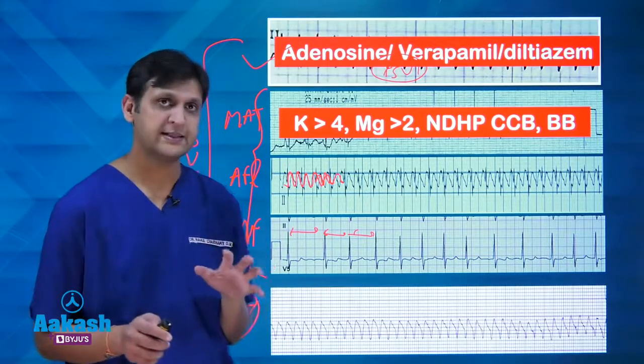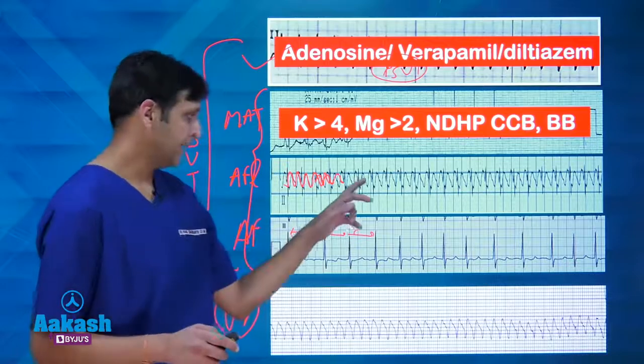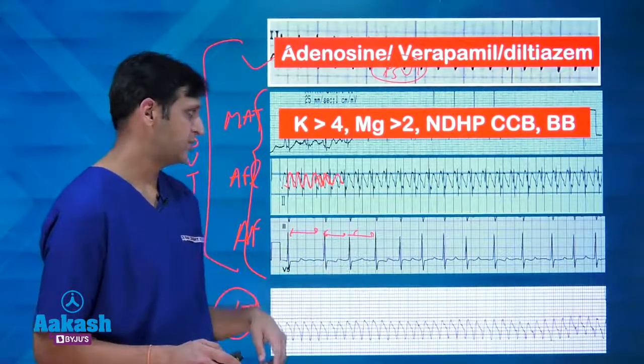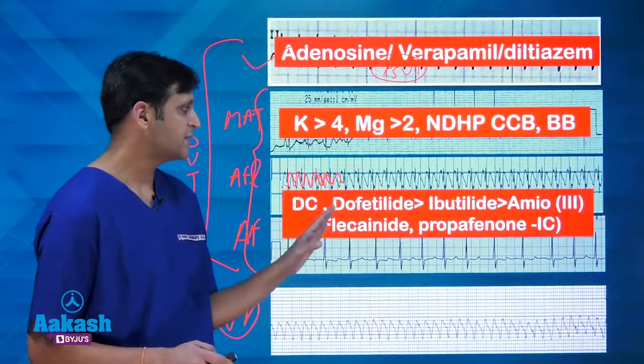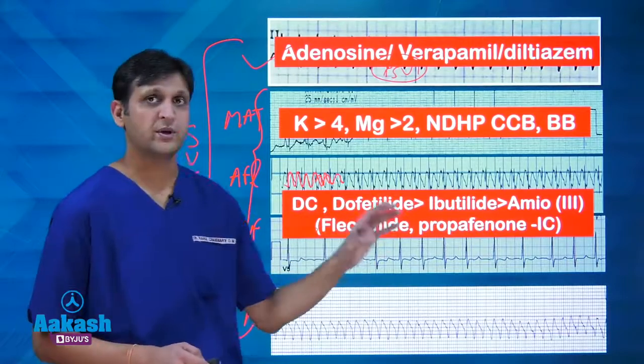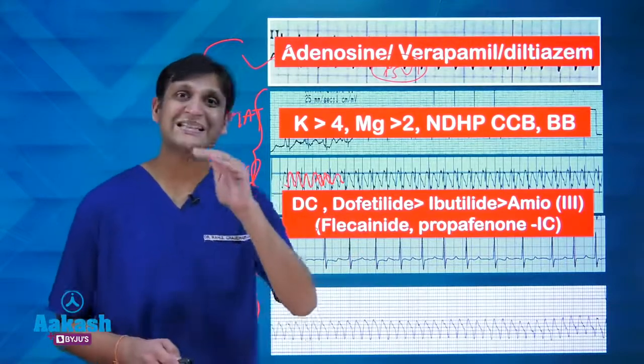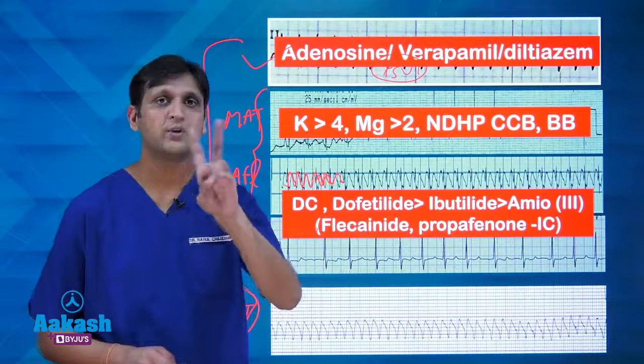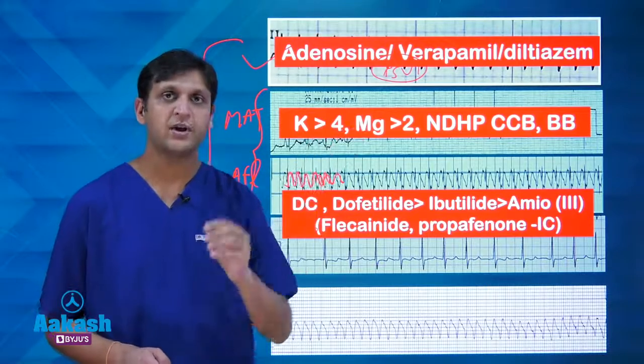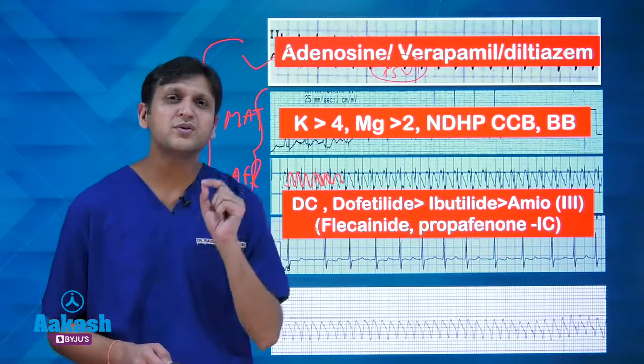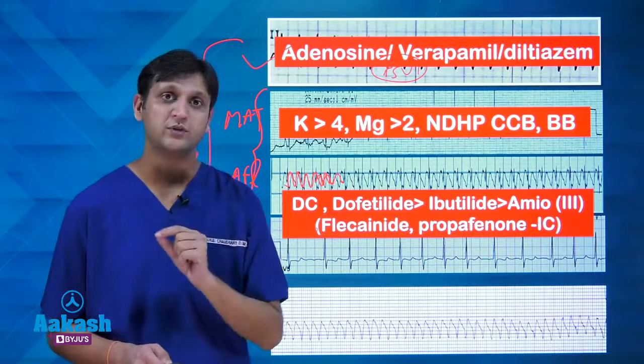Now let us move to the next 2 common arrhythmias that arise from the atria and are very commonly asked in the exam: atrial flutter and atrial fibrillation. What is their management? Remember, when you compare flutter and fibrillation, flutter has a very good response to DC electric cardioversion.